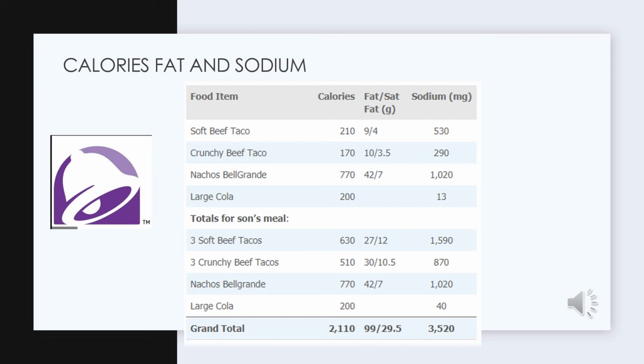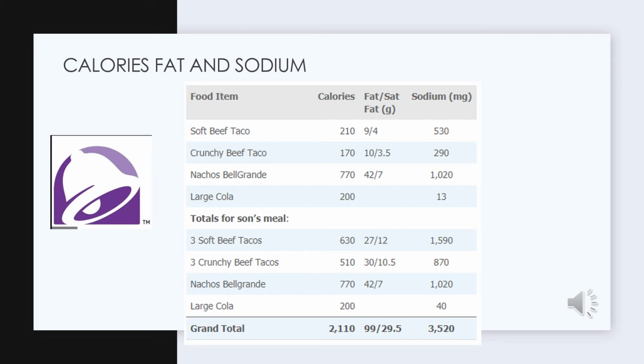He got three soft tacos, three crunchy tacos, a Nacho Bell Grande, and a large drink. She broke down how many calories are in each one and then totaled it up. You can see her son ate 2,100 calories in one meal.